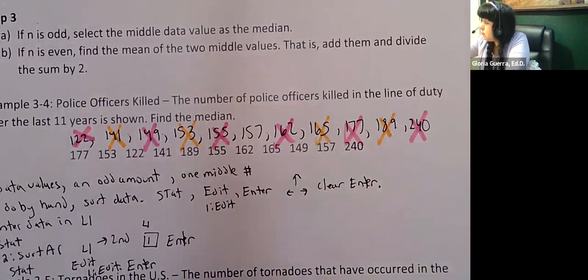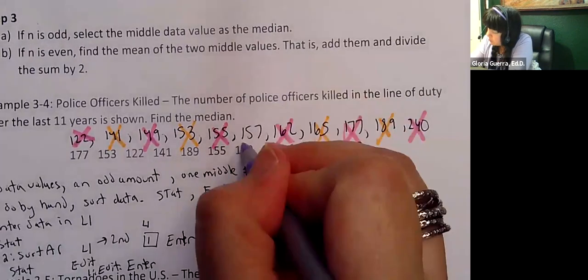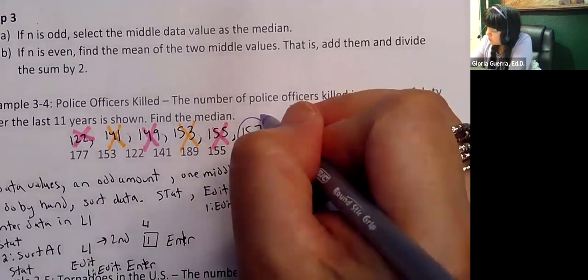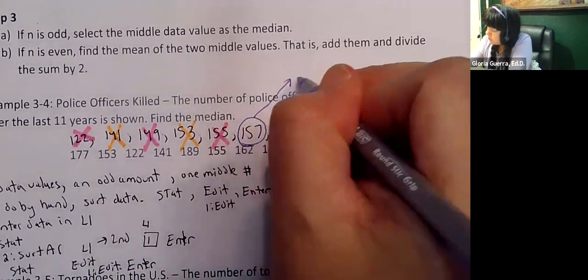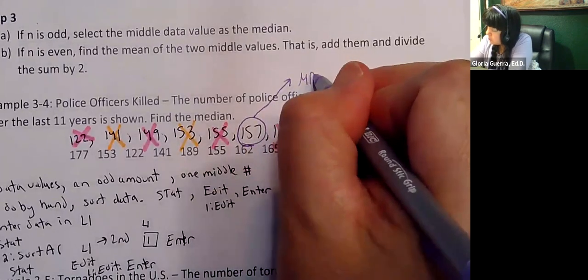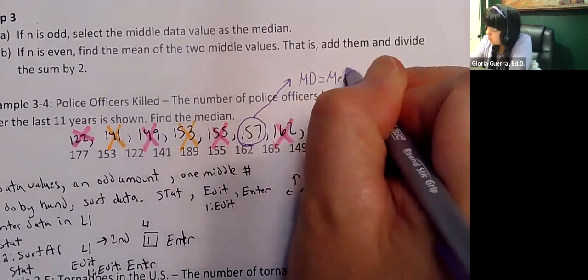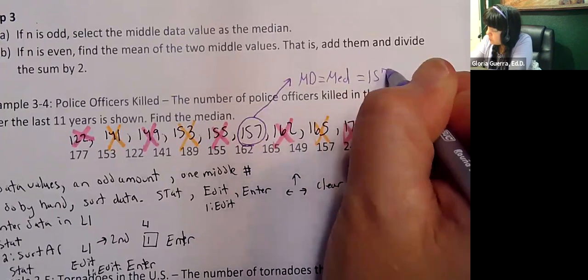And then you see here how we end up with that one middle number? That's going to be the median, MED, which is 157.